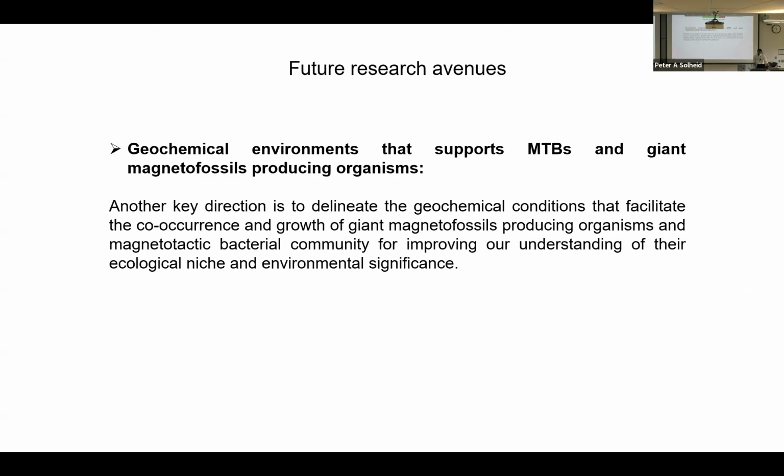And the next future research avenue would be to delineate the geochemical conditions that facilitate the growth of these conventional as well as giant magnetofossils in that region, because that will give us a better understanding of the ecological niche and the environmental conditions in that region.